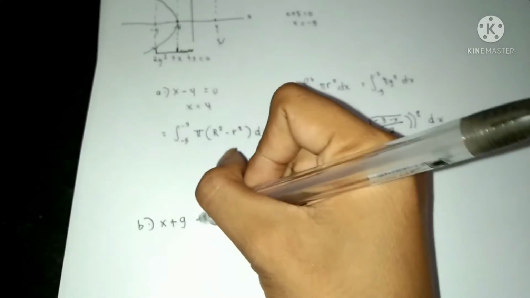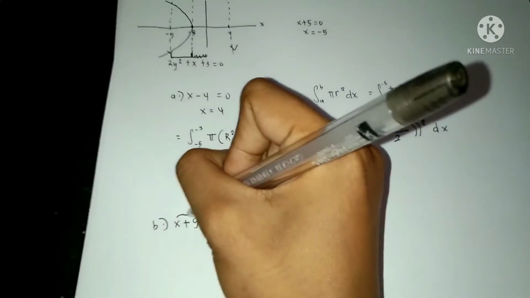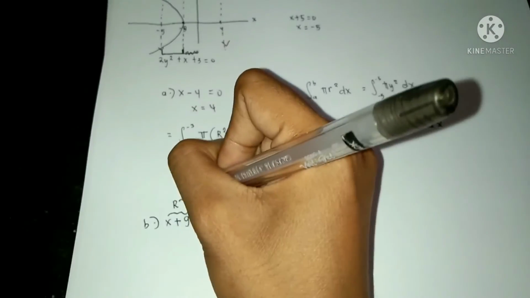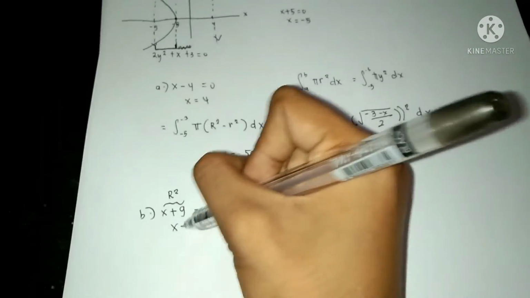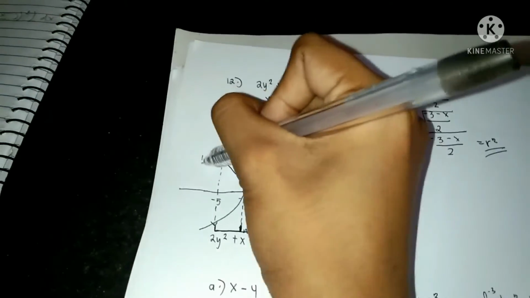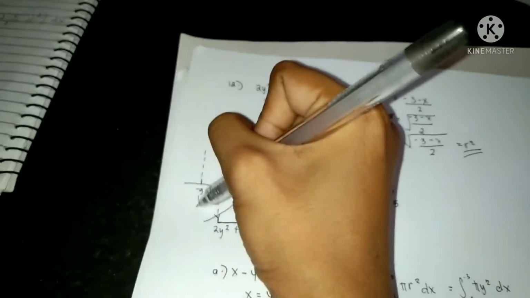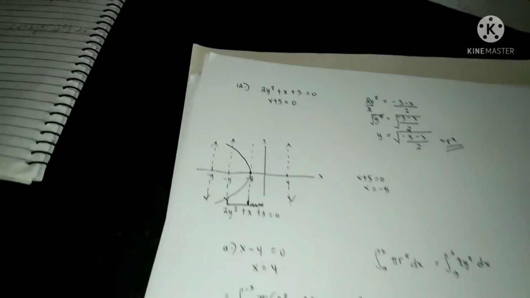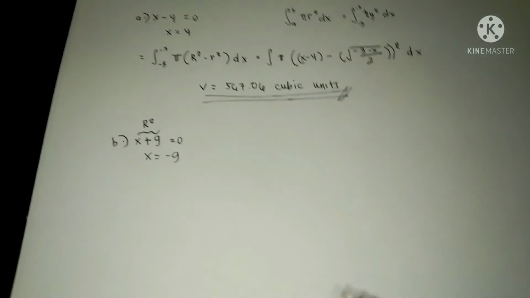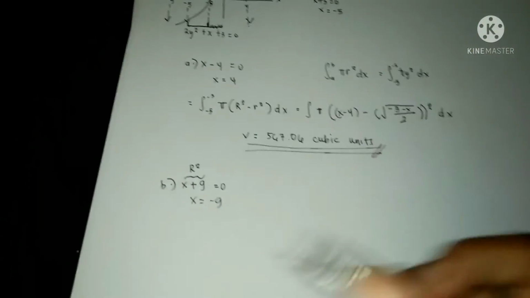Next is letter B about x plus 9. So, equate natin to sa 0, magiging negative 9. Ganun din yung formula na gagamitin natin.